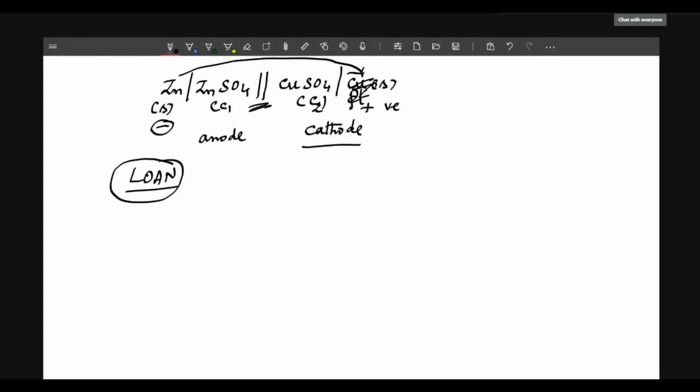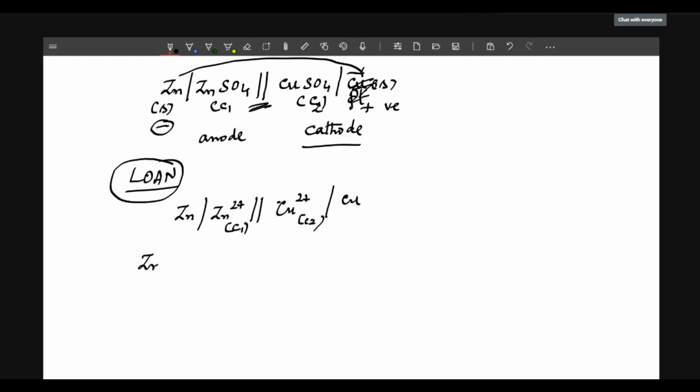The salt bridge is represented by the double bar, or it can also be written as zinc bar, zinc 2+, indicating the counter ion. You should mention the concentration here, bar copper.